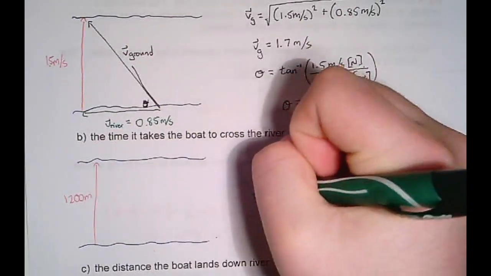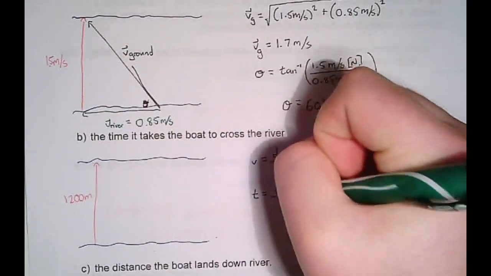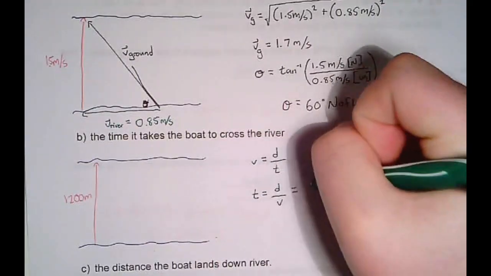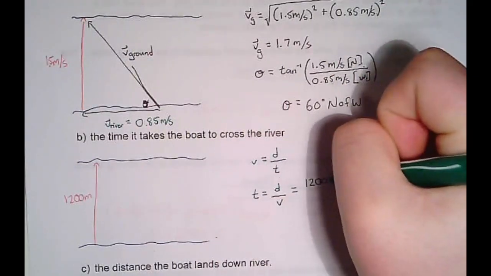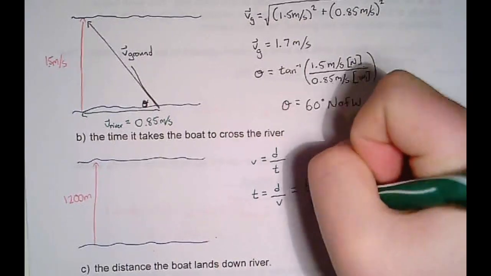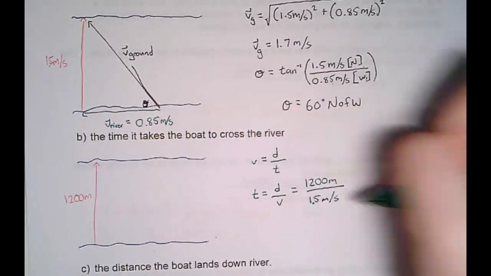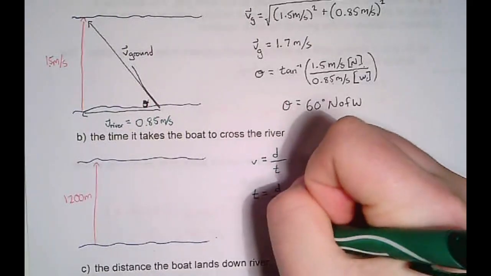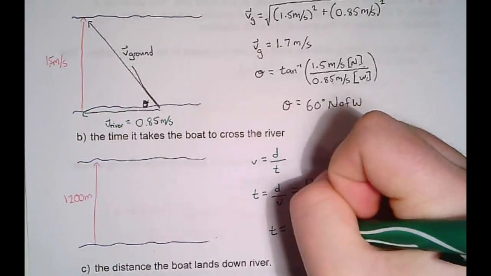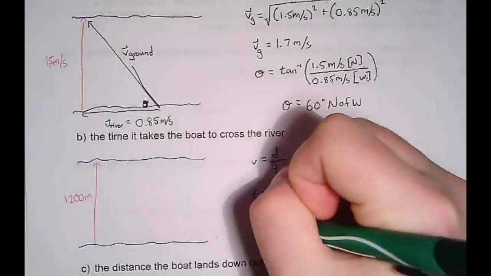When we rearrange that, time is equal to distance over speed, which our distance is 1,200 meters, at a speed of 1.5 meters per second. The time it will take them to get across is 800 seconds.